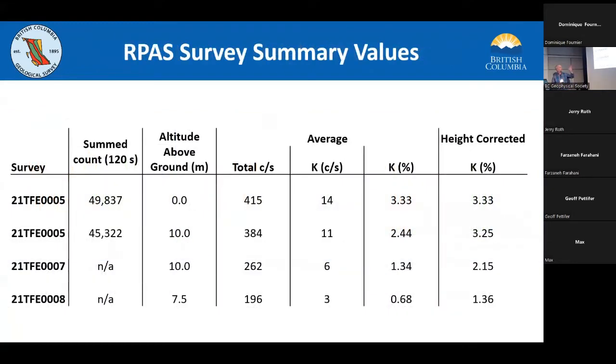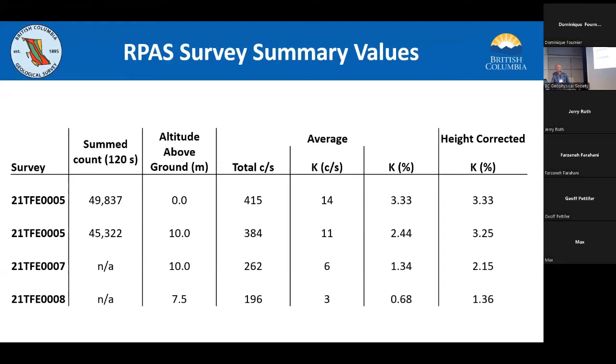Just a summary table really quickly to show you what that detector was seeing when it was doing this work. So in the case of survey 5, when it was sitting on the ground, it collected just shy of 50,000 counts, summed over the 120-second period. It gives total counts, counts for potassium, potassium percent, and then height corrected.